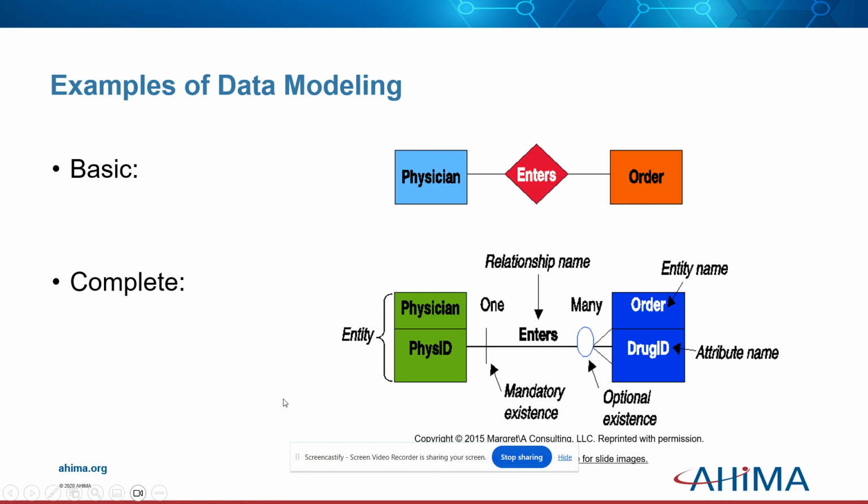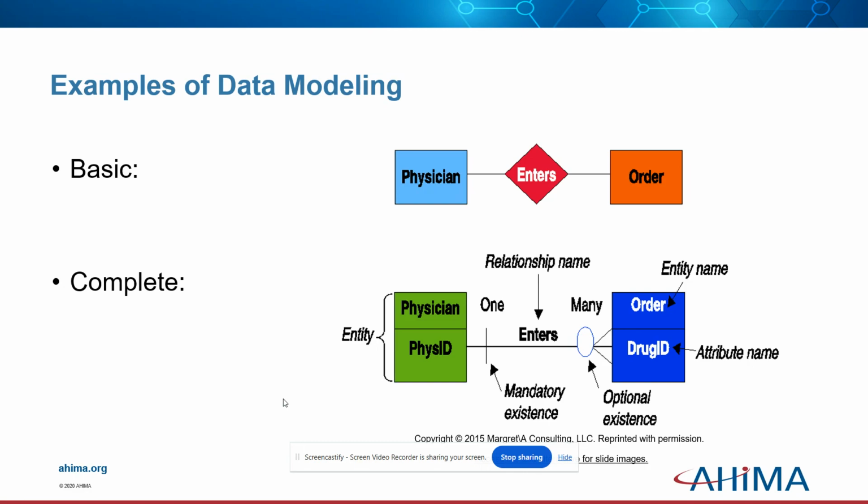Here we see an example of data modeling, and so the basic model, a physician enters an order, and so perhaps an order for a diagnostic test, a pharmacy order, whatever it might be. And at the bottom, the complete, we have a physician that enters, again, orders. And so in this example, we have a physician ID that is attached to the physician.